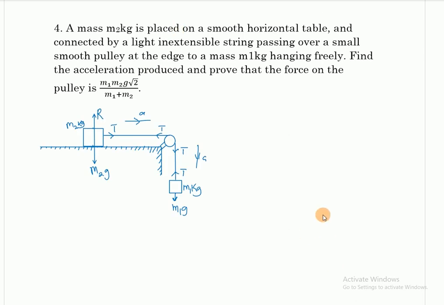This diagram can help us achieve our aim of solving this problem. We have m2 on the table, passing over a smooth pulley which is here. You have the string and then passing over to m1 hanging freely.